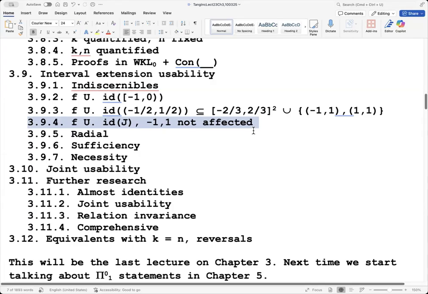The only way a number gets affected is if you move it or the inverse moves it. You either move it or it's a value. By move it, I mean it's not the identity, it's a number. There's several ways to say that.